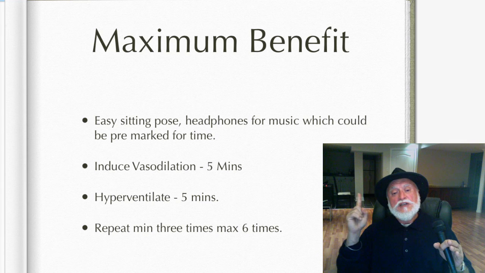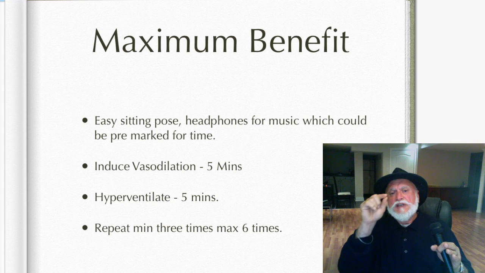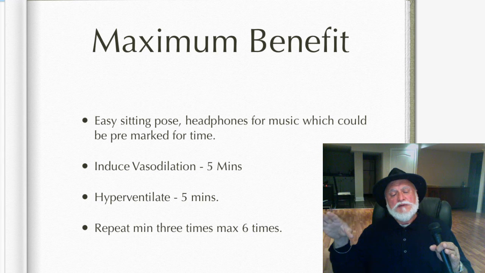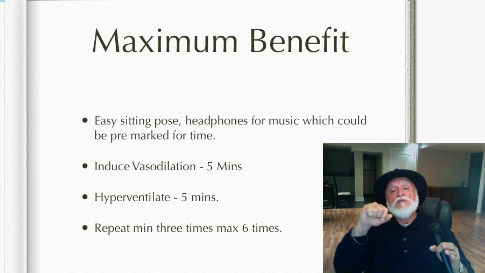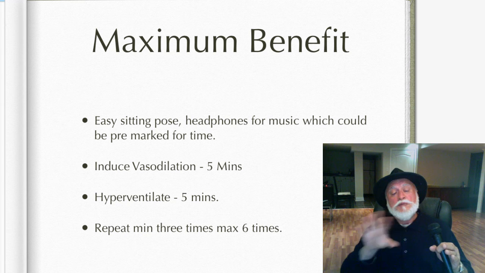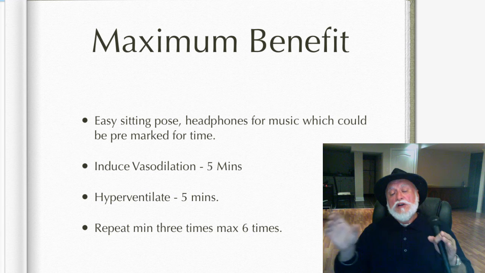In the recording itself, I've told myself that this gong will ring at 5 minutes, and this is the end of my vasodilation. Start hyperventilating. The next 5 minutes I start hyperventilating. When that finishes, start. So I don't even want to remember the time. I don't want to open my eyes. So that is the best way of doing it, is to make your tape exactly at the right moment.